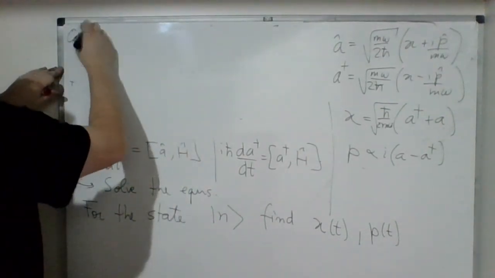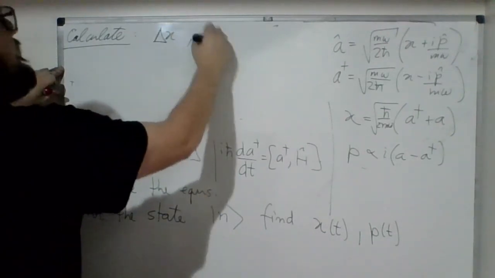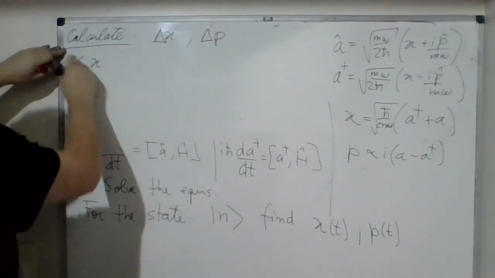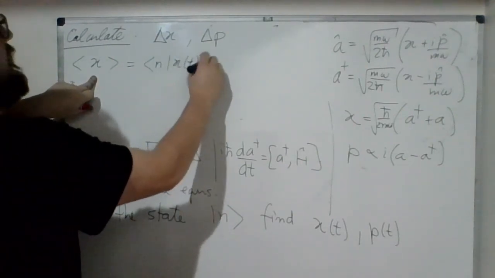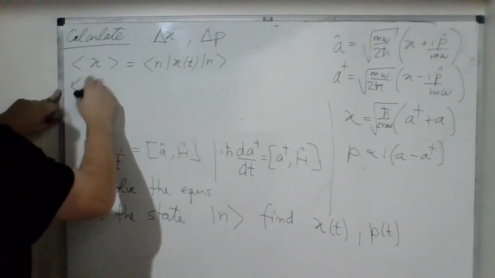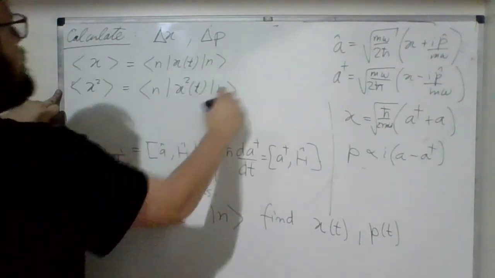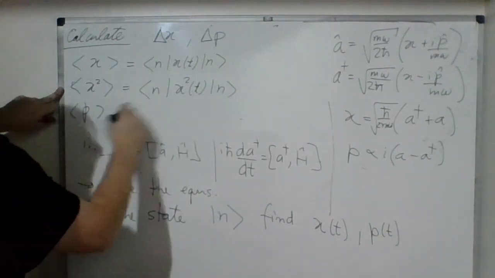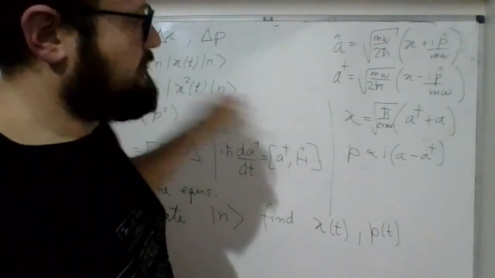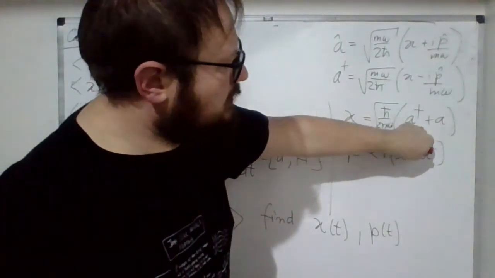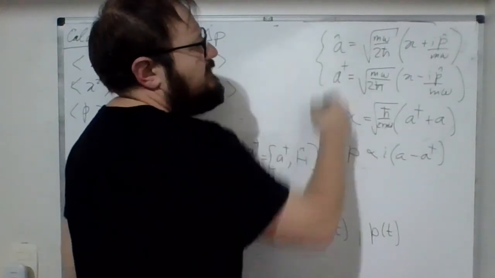And in the end, to complete, calculate delta x and delta p, which means you need to calculate the averages of x, the average of x squared, and momentum squared using the same state n, and you will replace x and p by representations in terms of these operators.